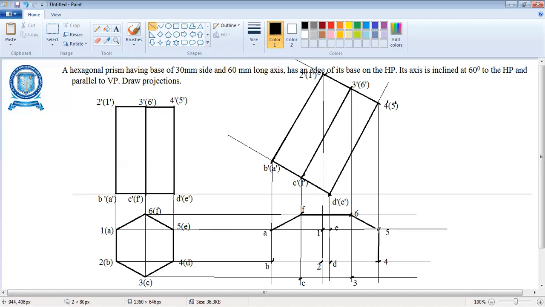The outer edges will always be visible. Then darken the top surface of the hexagon, which is 1, 2, 3, 4, 5, 6, since it is visible in the top view.